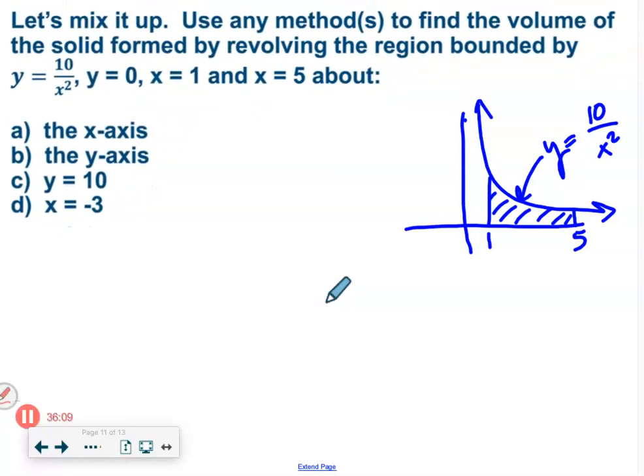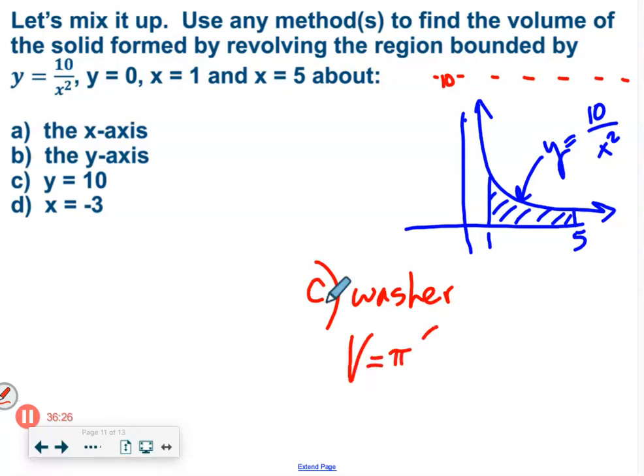So part C, what method do you have to use? You have to do washer, right? So if you have not done washer a million times, which you haven't, right? This is the line y equals 10. How do you find big R and little r? Remember, it's volume equals pi integral 1 to 5 of big R squared minus little r squared.